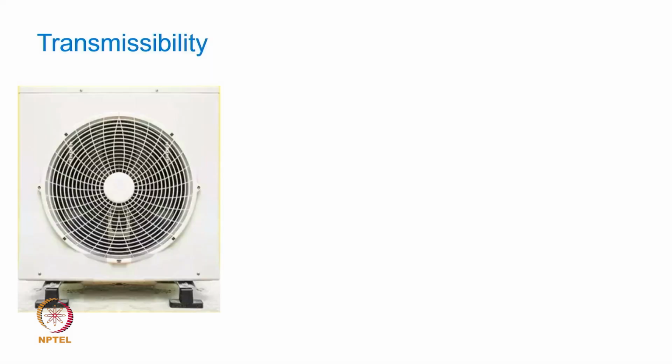Okay, now let us revisit our transmissibility discussion, and in this case the transmissibility will be for a higher number of degrees of freedom. What we discussed in the past was the transmissibility, both displacement and force, for a single degree of freedom system.